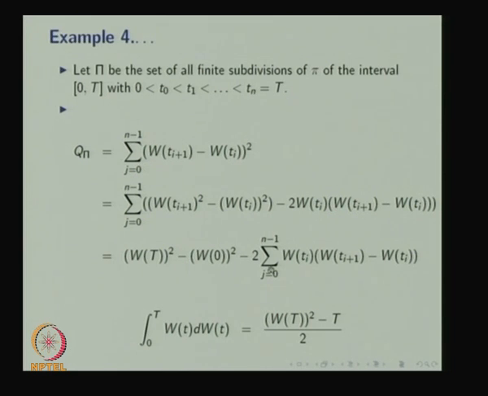Since it is minus 2 times, we divide by 2. Hence the integral from 0 to capital T of W_t dW_t becomes (W_T squared minus T) divided by 2.